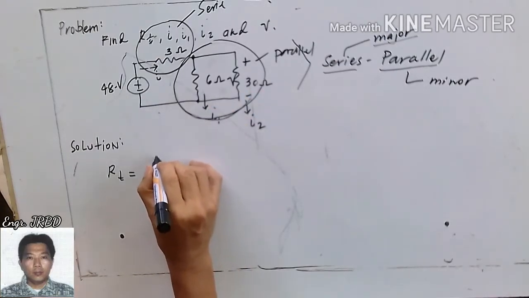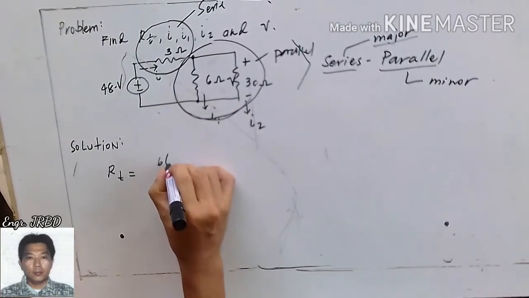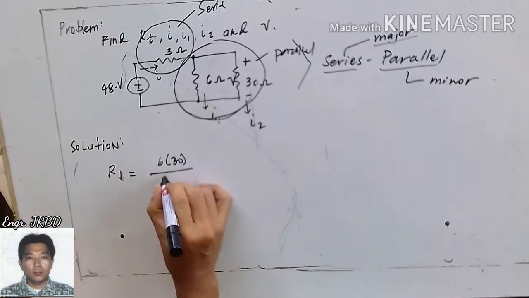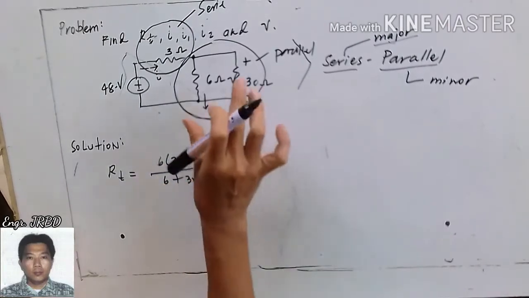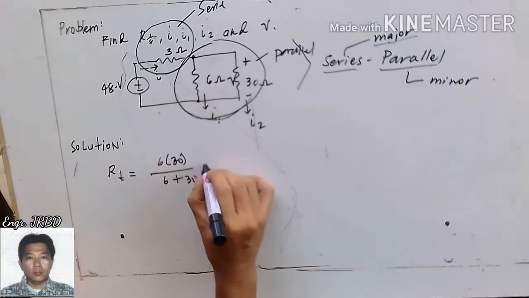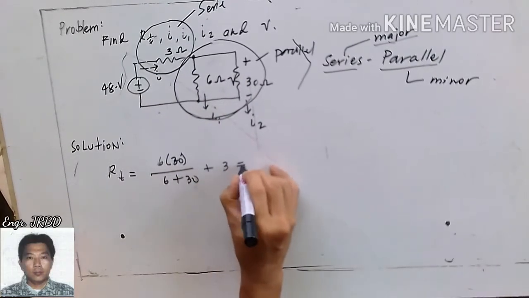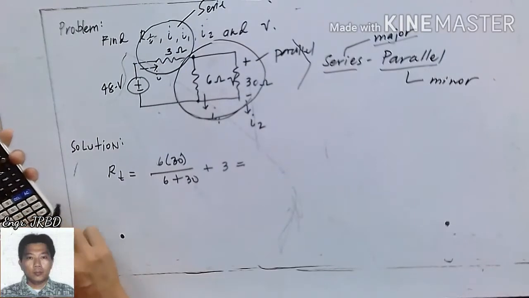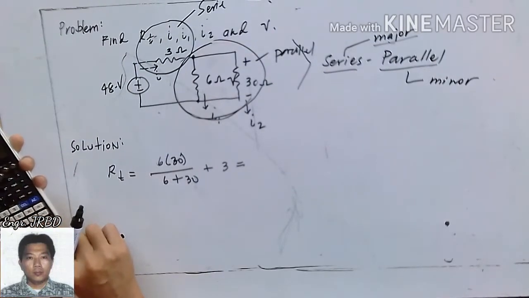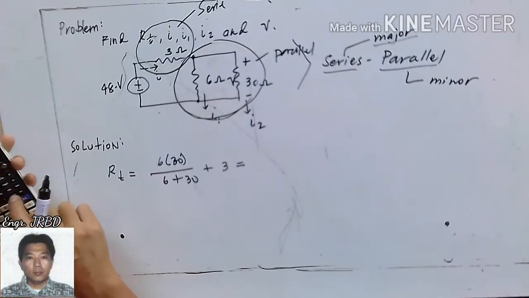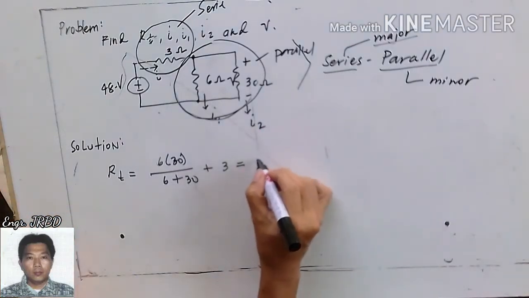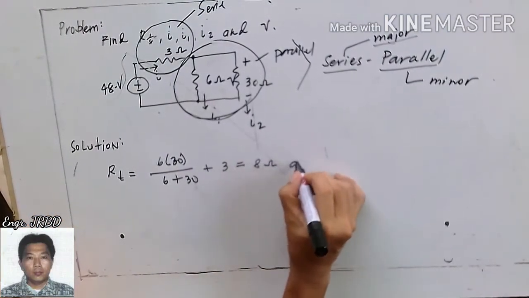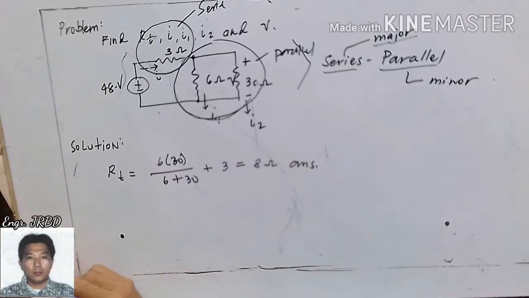So 6 in parallel with 30. This parallel group is in series with 3 ohms. So the total resistance now is 8 ohms. Will you try to compute? I hope that you obtain the same value.